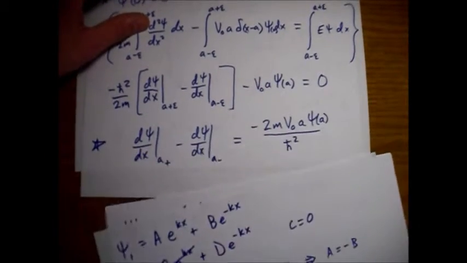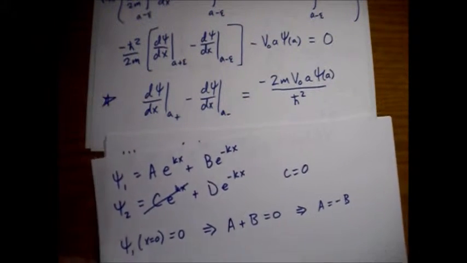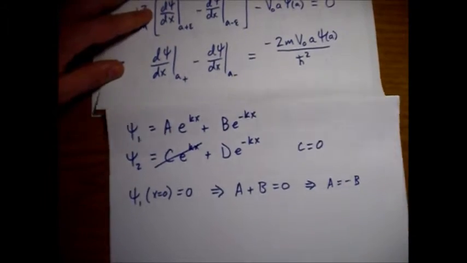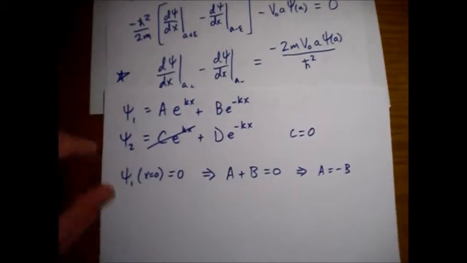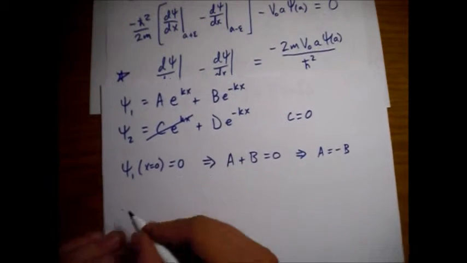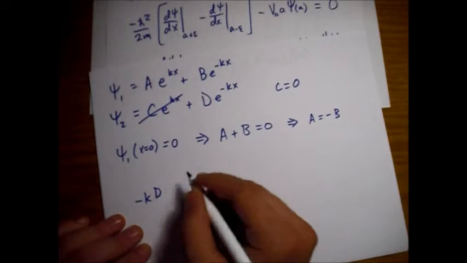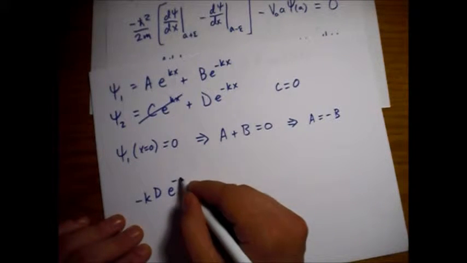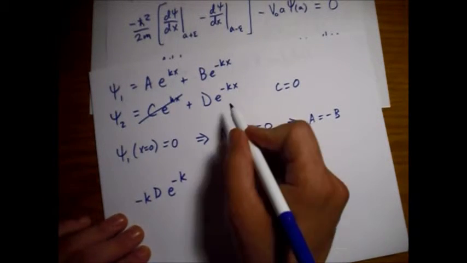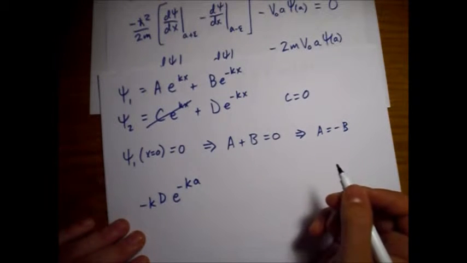They do need to be evaluated at the point x equals a. So here we go. For a plus, we take the derivative of this, so we get minus k d e to the minus k, and then we evaluate this at x equals a. So there's an a right here.